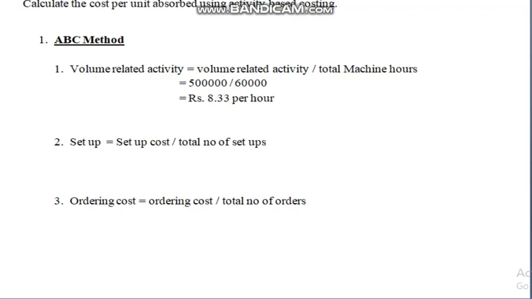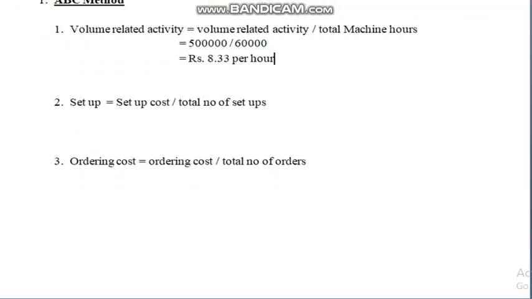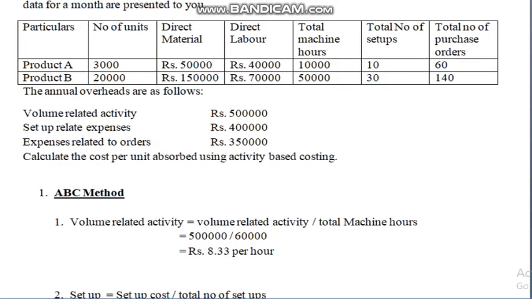Now move to the next activity, setup related expenses. The formula is setup cost divided by total number of setups, because setup cost is based on the total number of setups. Setup cost is rupees 4 lakh and total number of setups will be 10 for product A and 30 for product B, so total setups will be 40.